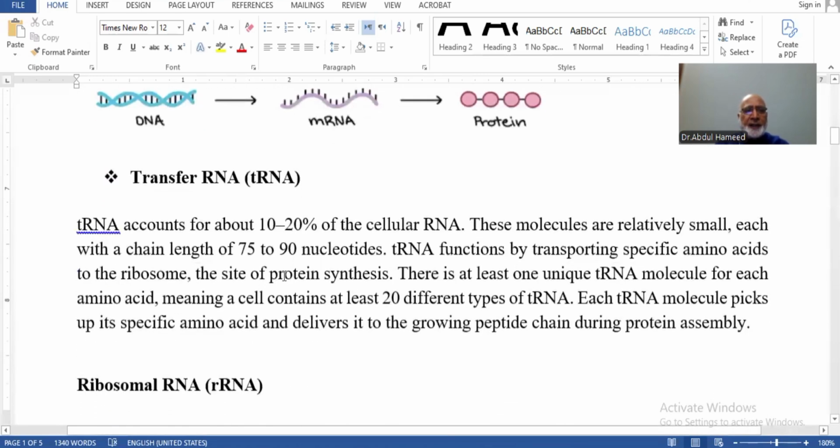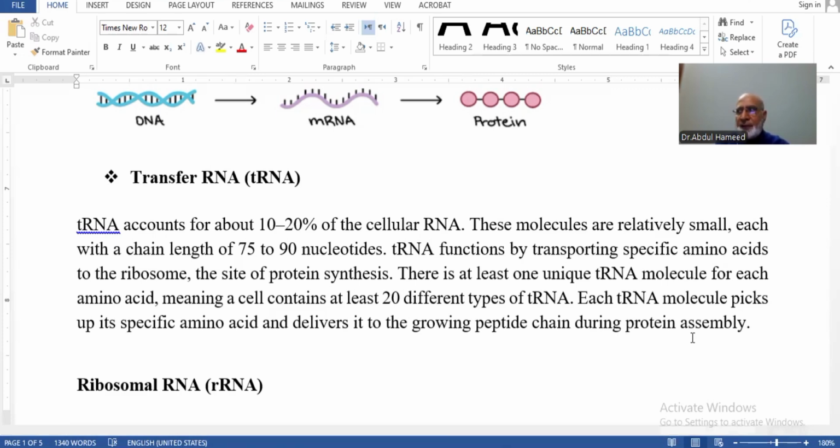Transfer RNA. It is about 10 to 20% of the cellular RNA. These molecules are relatively small, maybe having 75 to 90 nucleotides, depending upon the different type of amino acid they carry. Transfer RNA functions by transporting specific amino acids to the ribosomes.